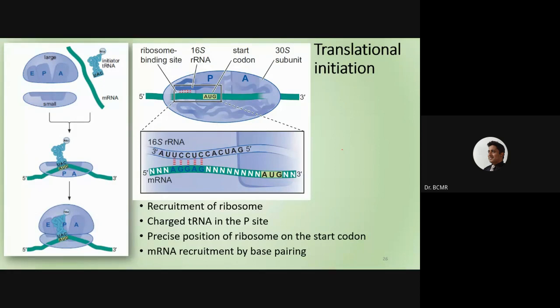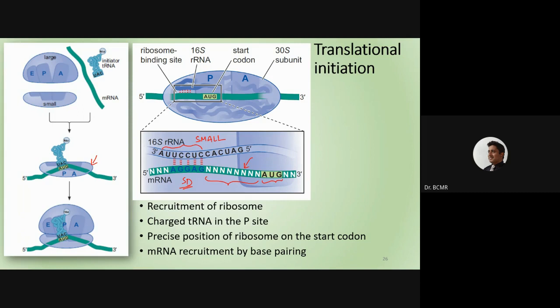Okay, so the first component of the ribosome to bind to the mRNA is the small subunit. The small subunit binds by a sequence that is complementary to the SD sequence that is present on the mRNA. The 16S rRNA is of the small subunit. And here you have a start codon, and there is a spacer. If the spacer is too long, then the efficiency of the translation initiation could be lesser.